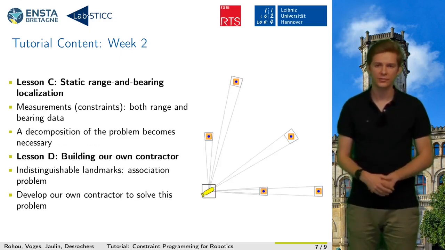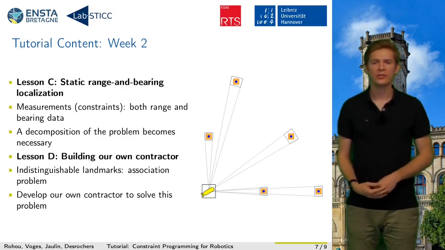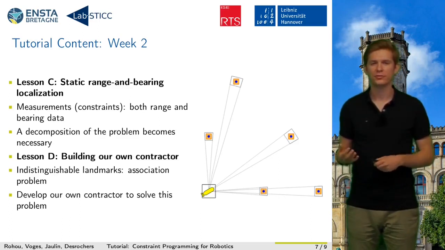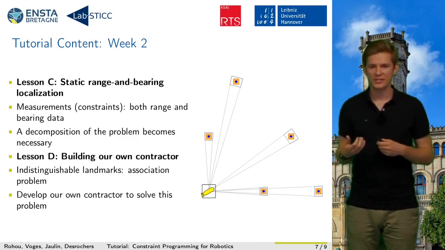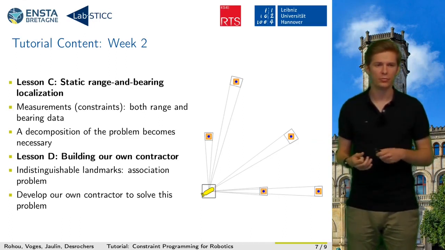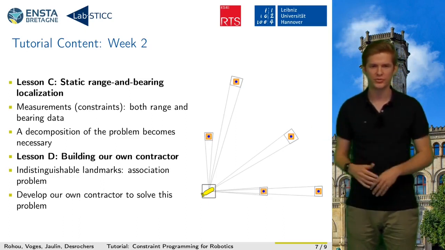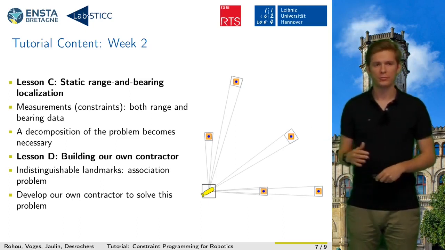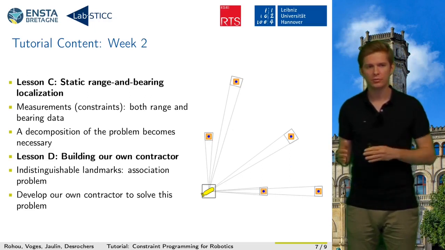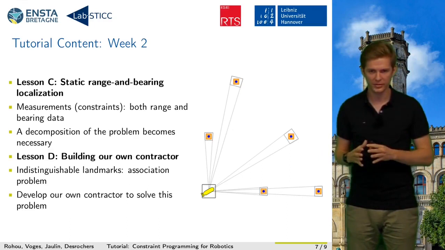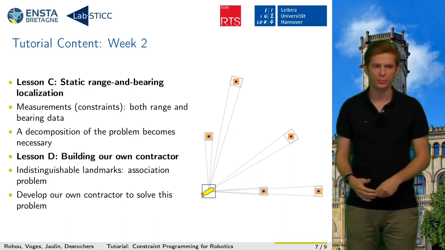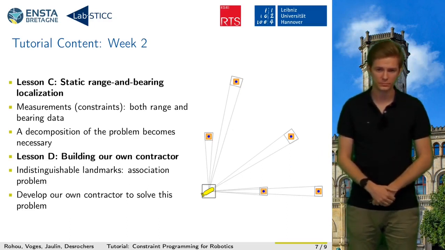In the second week, we now additionally know the bearing data, so not only range but also bearing, and this makes it necessary to decompose the problem into basically 2 problems which will then be merged again. So we have the problem of range-only localization, bearing-only localization, and we combine this after decomposing the problem initially.